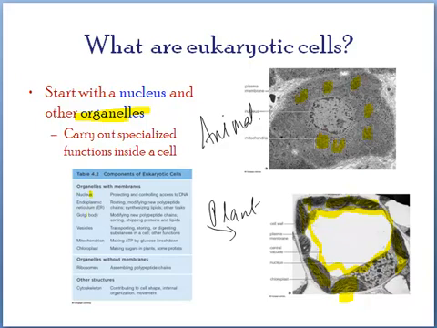Nucleus is one organelle, along with endoplasmic reticulum, Golgi bodies, vesicles, mitochondria, and chloroplast. There are certain organelles that do not have membranes, and those are ribosomes. Besides that, there are other structures present in eukaryotic cells, and those are the cytoskeleton. So the first couple of slides are going to review the organelles with membranes.